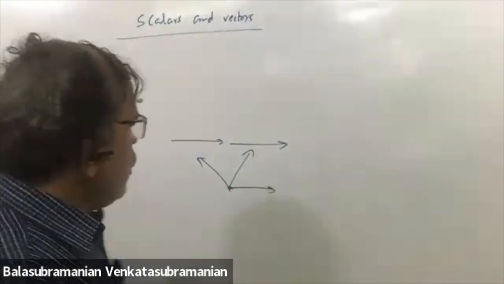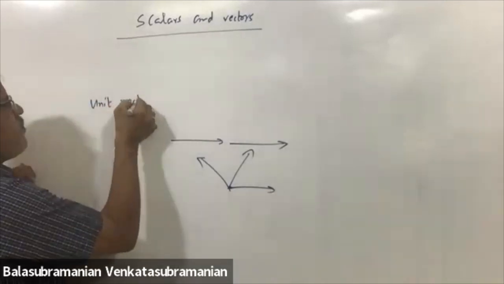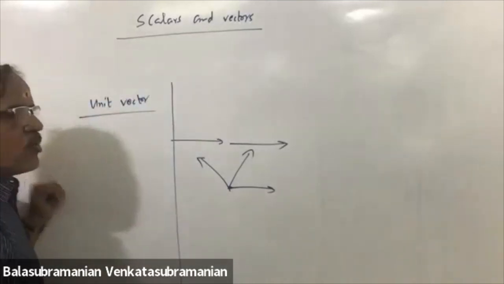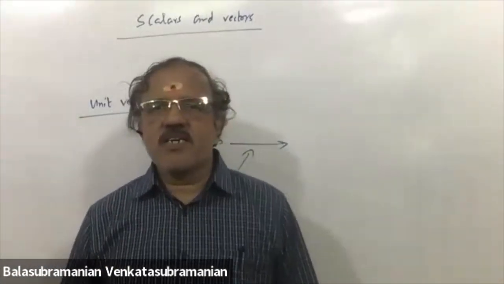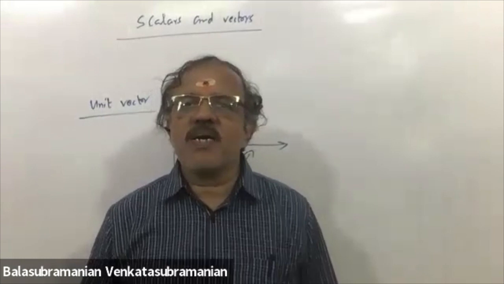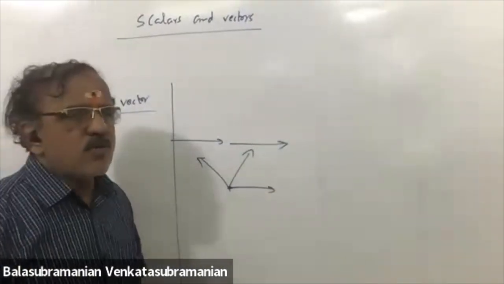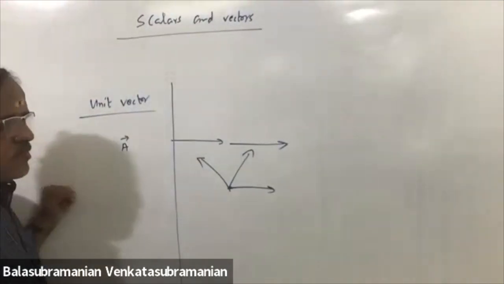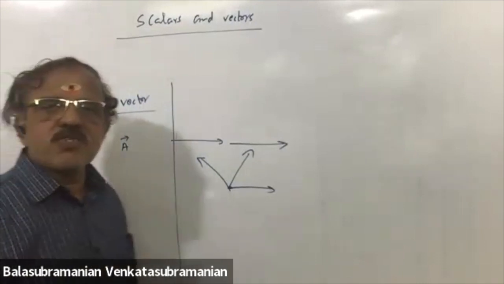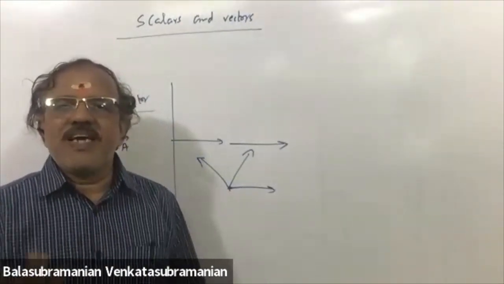Okay. Unit vector. Unit vector means magnitude is unity. This is a vector having unit magnitude. How to calculate the unit vector? Suppose you have a vector A, say force. Force is 5 Newton.